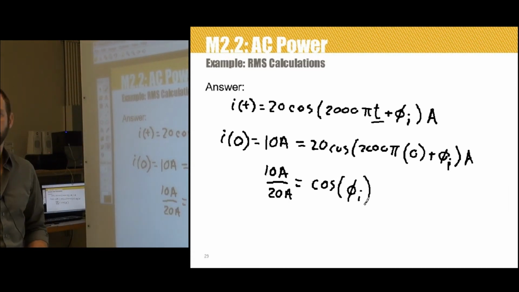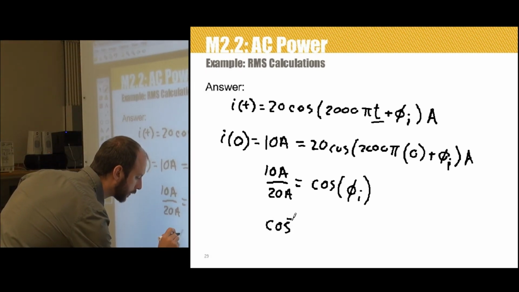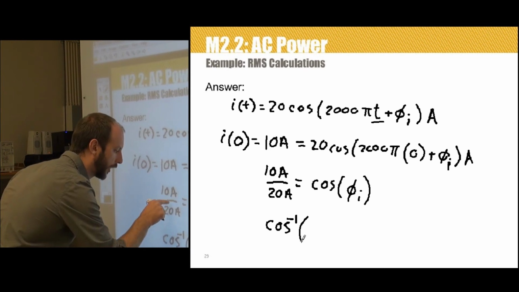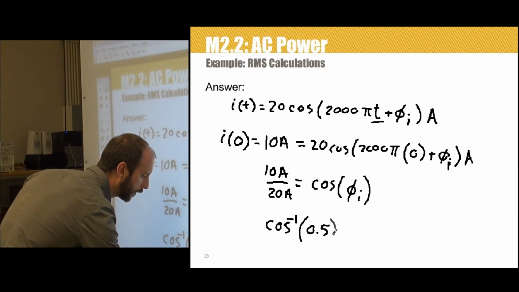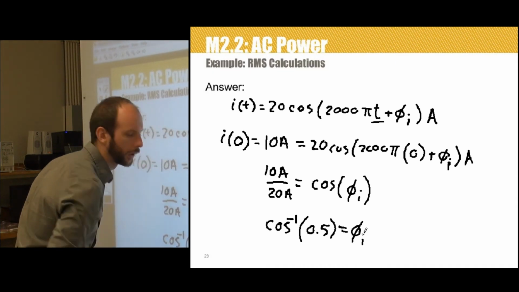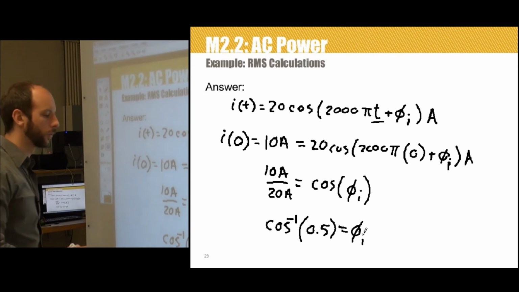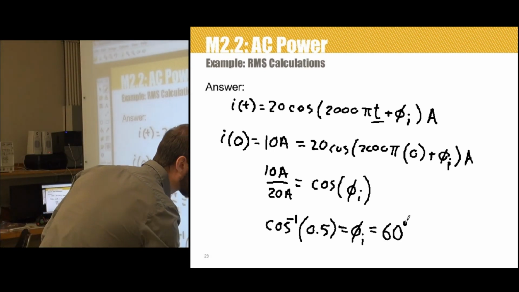So the arc cosine, excuse me, of 10 divided by 20, which is 0.5, is equal to phi sub i. So pull out your handy dandy TI-89s and you will find out that this is equal to 60 degrees.